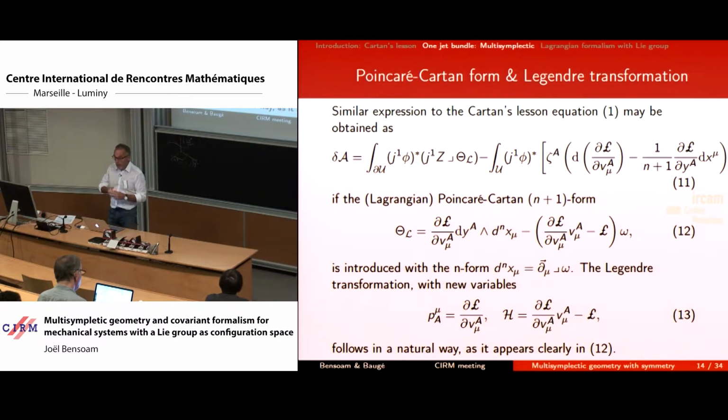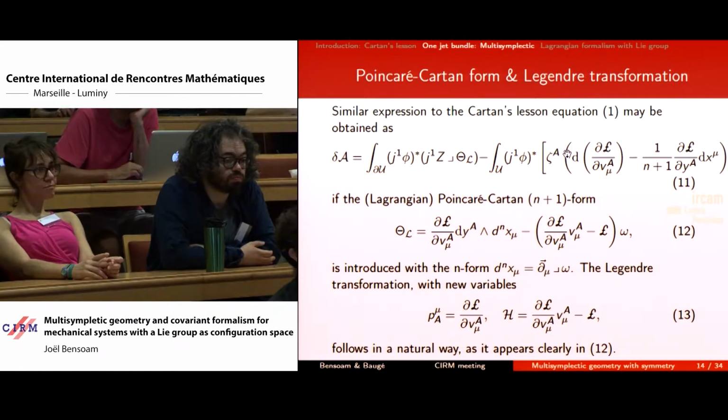And if you do exactly the same things, it's even a little bit more complicated, but you also have two terms. A term on the boundary and a term that will give you the Euler-Lagrange equations, but with many variables.